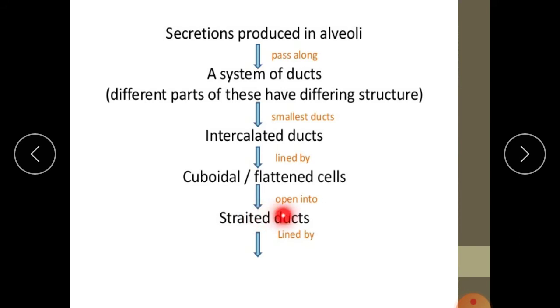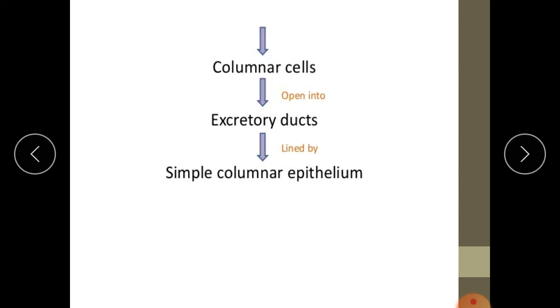Striated ducts are lined by flattened cells, or columnar cells. Next it goes to the excretory ducts, large ducts. These excretory ducts open into the mouth and they are lined by simple columnar epithelium.